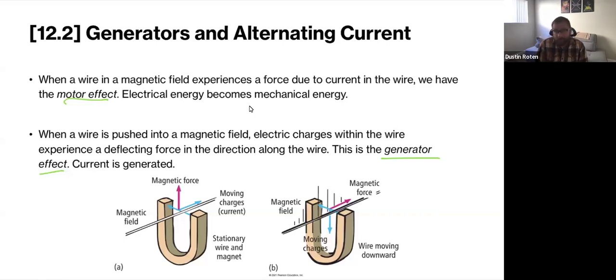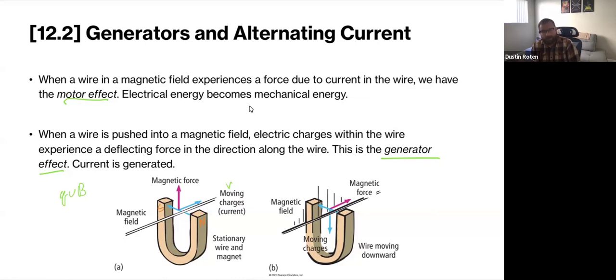All right. So if we look at the first one, we know that we have a magnetic field, so we're going north to south. And we know we have moving charges, so we know we have some sort of velocity, right? And remember what we said about the force from a magnetic field? It always points perpendicular to both the magnetic field and the current. F = qvB. You should remember that from last time in the last module.